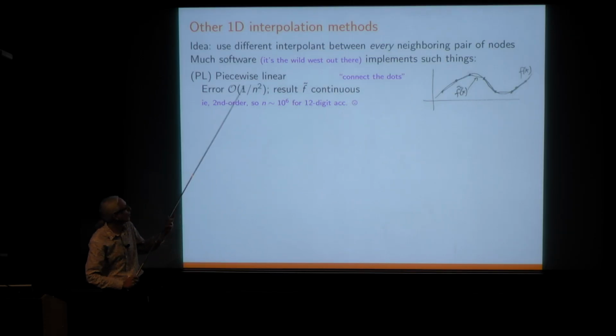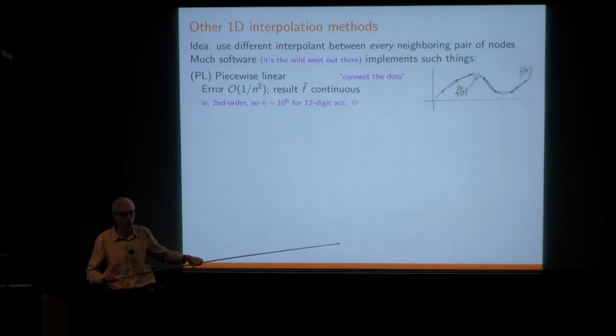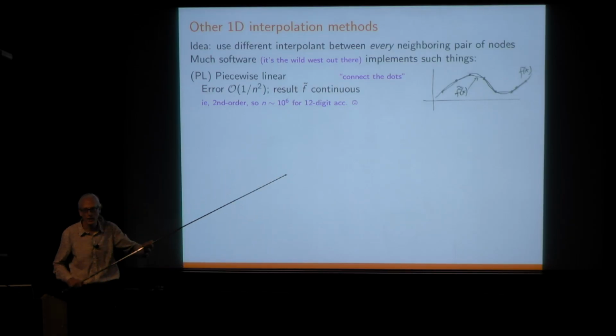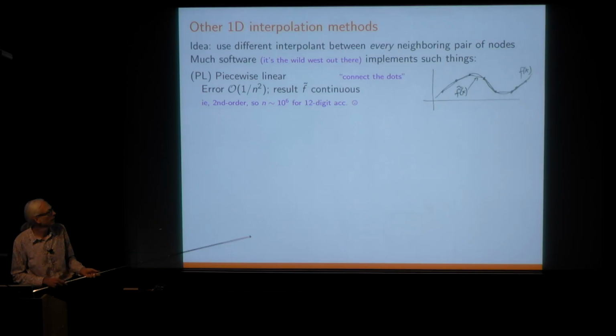So you basically get 1 over n squared accuracy here. If you want 12-digit accuracy on a function of typical wiggliness, you will need 1 million points. That's not great. That's an awful lot of data to store compared to what we just did to get 12-digit accuracy.